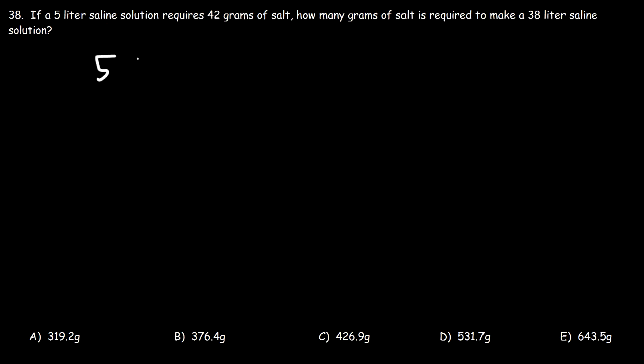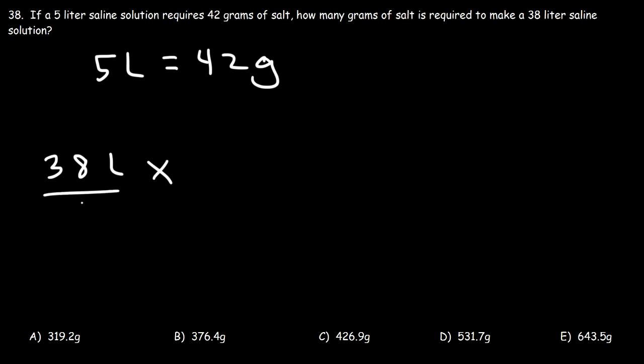So we can say that 5 liters corresponds to 42 grams of salt. Now we want to know how many grams of salt is required to make a 38-liter saline solution. So basically, we need to convert 38 liters to grams of salt.